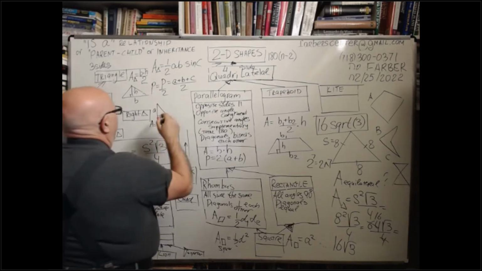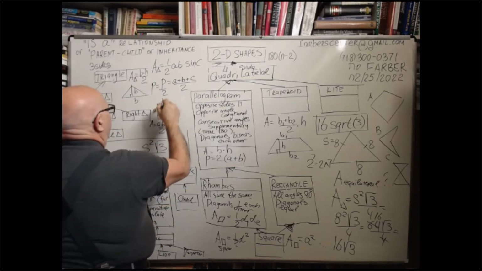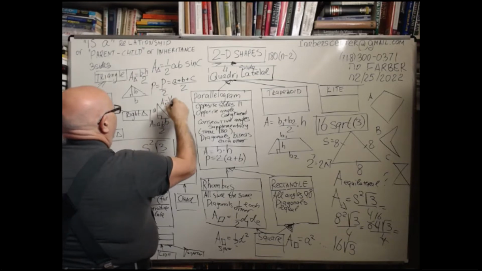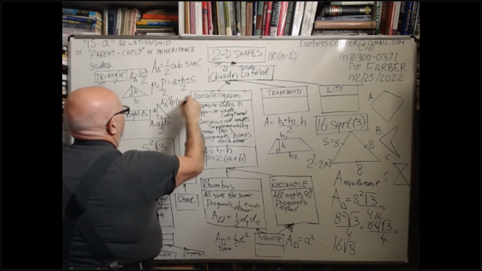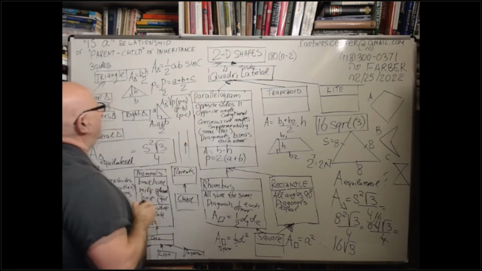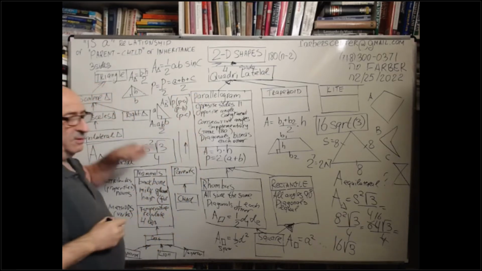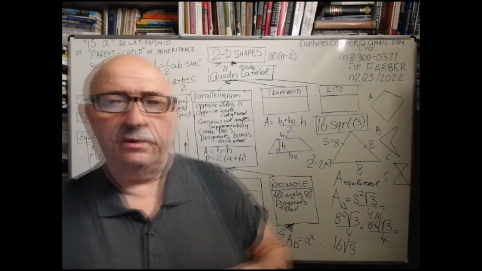For 3 sides, we have our own formula. I don't have too much room. Area of triangle equals square root of p times p minus A times p minus B times p minus C. Heron's formula. Why is it important? We have 3 sides without any angles. You can instantly get this area.